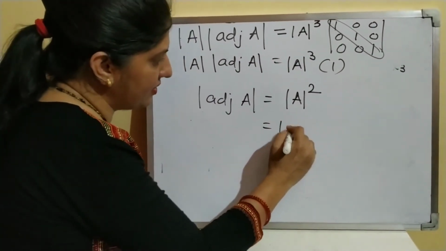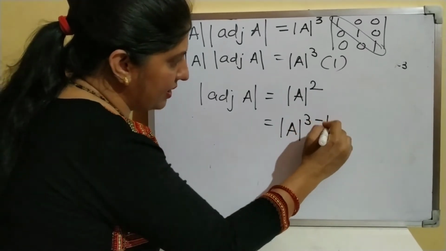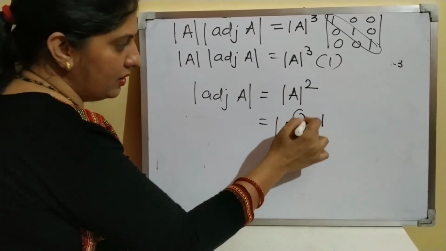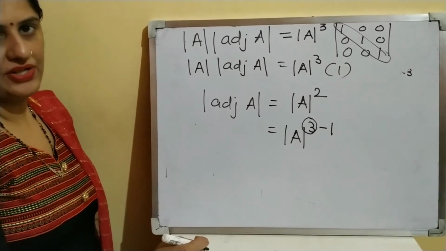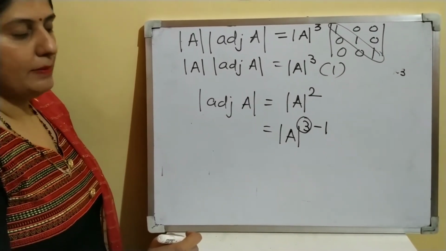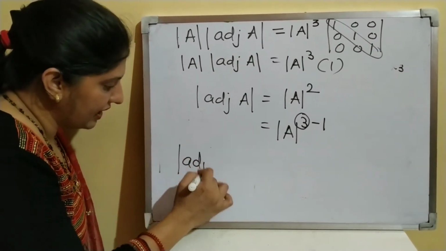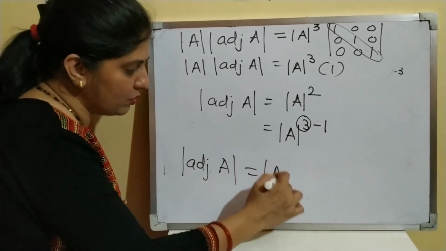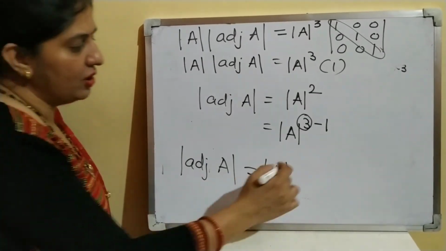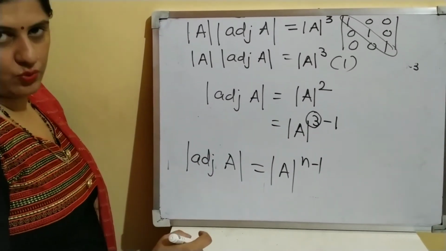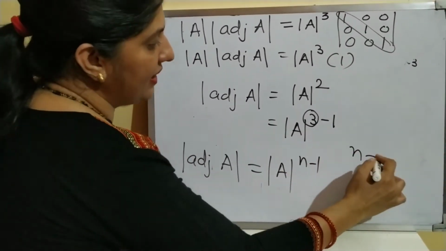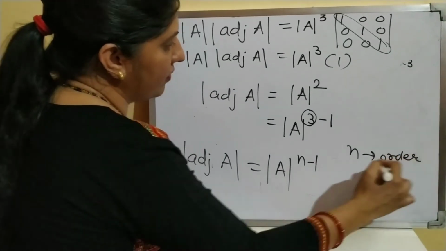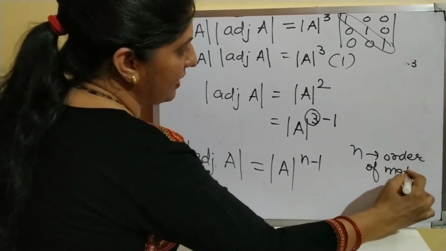Means we get determinant of A to the power 3 minus 1. Here 3 is the order of the matrix A. Means in general we can write determinant of adjoint of the matrix A is equal to determinant of A to the power n minus 1, where n is the order of matrix A.